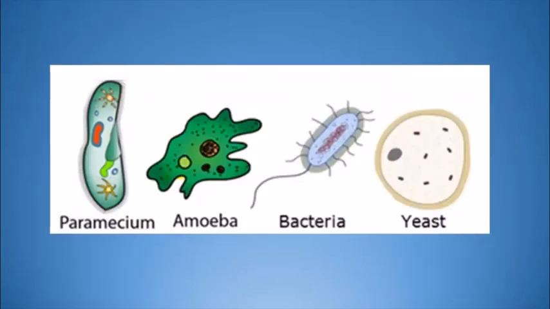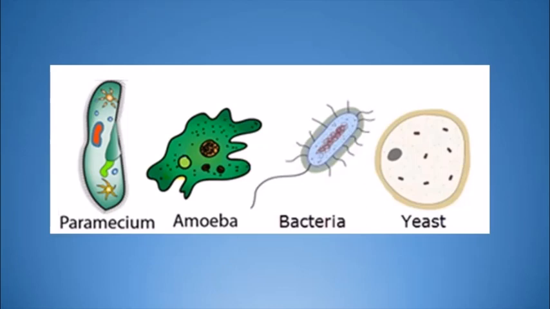So the organisms are classified into unicellular and multicellular. Unicellular examples are amoeba, paramecium, bacteria or yeast. Now why do we call it unicellular? Because these are made up of only one cell. That is, they have a single-cell body, and that one cell performs all the functions in that body.